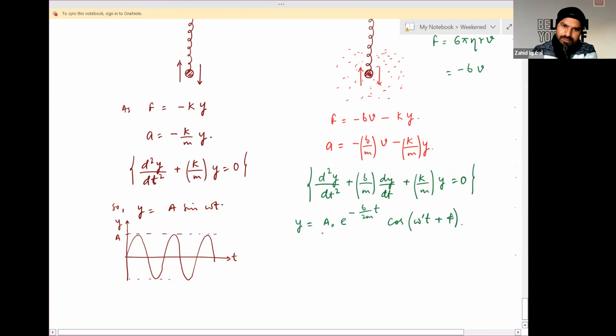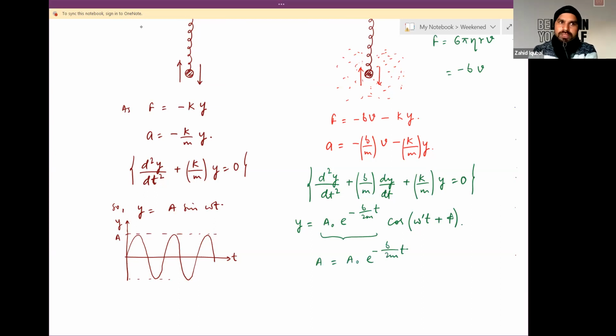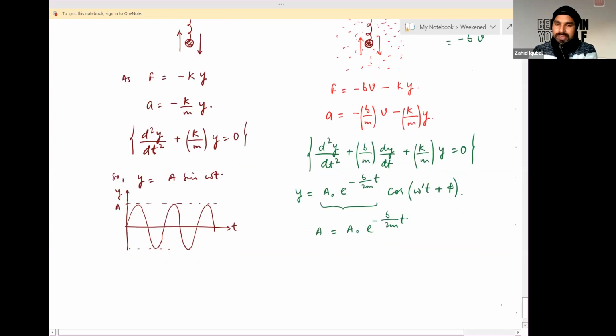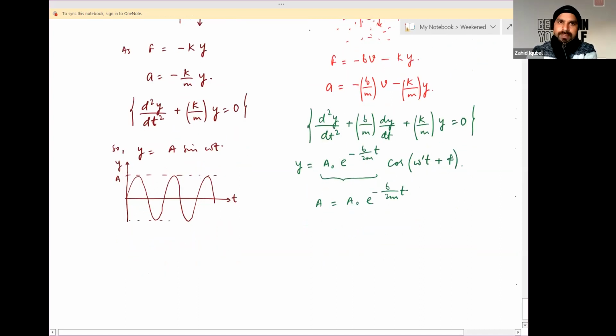You have to keep in mind only this expression, which is defining amplitude. From this part, we can write a equals a naught e to the power minus b over 2m times t. It means amplitude is continuously decreasing with respect to time, or it is exponentially decreasing.